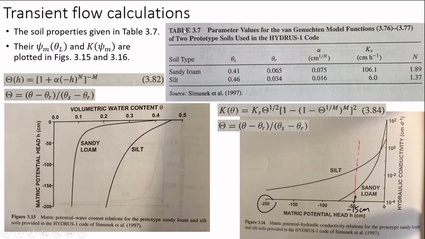If we look at table 3.7, we have the parameters theta s, theta r, alpha, Ks, and n. We place them into this relationship, matric suction as a function of volumetric water content, and K as a function of matric suction. This graph shows the matric potential in relation with volumetric water content, so it is basically matric suction as a function of volumetric water content.